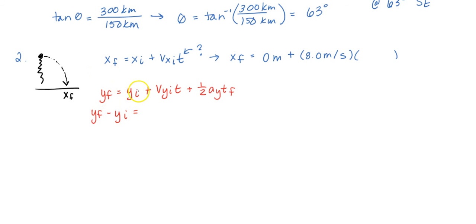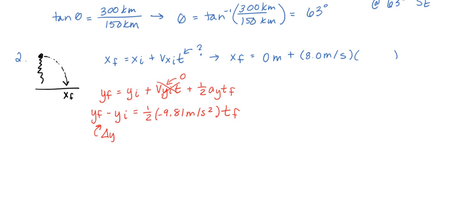So I always subtract the initial y from the final value of y, because that's basically the change in y. And then from that point, the initial velocity in the y direction was 0. So since this is 0, this whole thing cancels out, and I'm left with 1/2 of the acceleration in the y direction, which is going to be 9.81 meters per second squared. And then I have the final time.